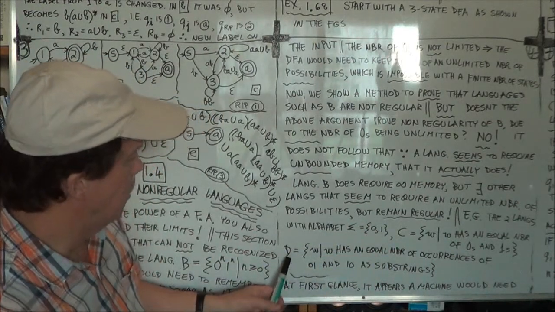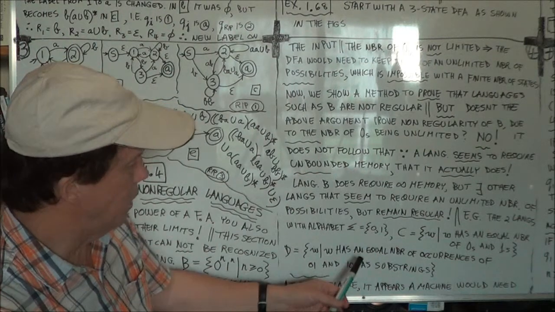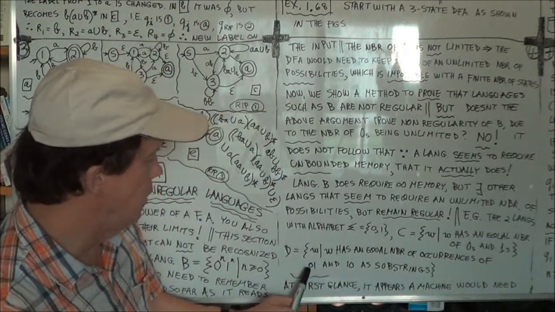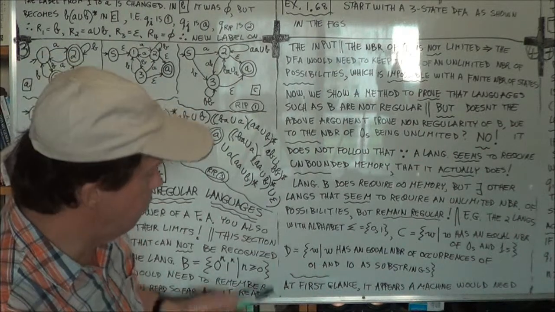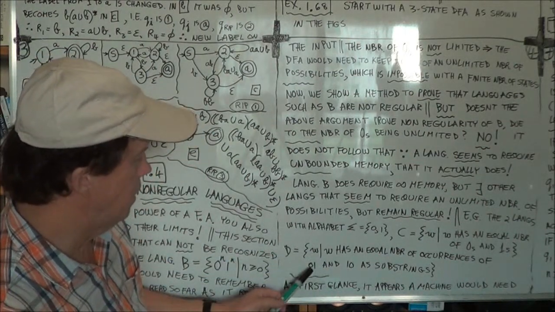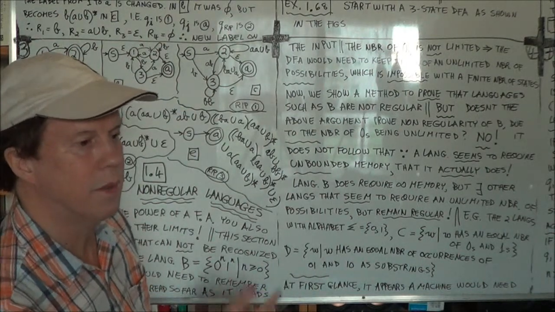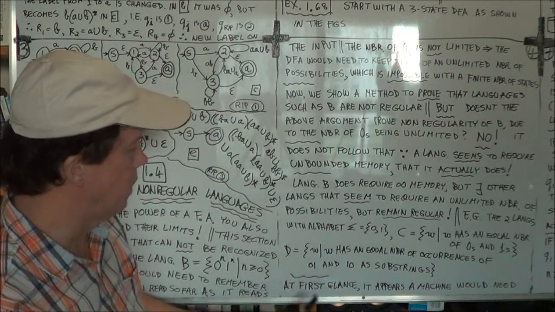Okay, D, the other language, is the set of strings W where W has an equal number of occurrences of 01 and 10 as substrings. So you scan along your W, and each time you see a 0 followed by a neighbouring 1, you increment the count of the number of 01s.